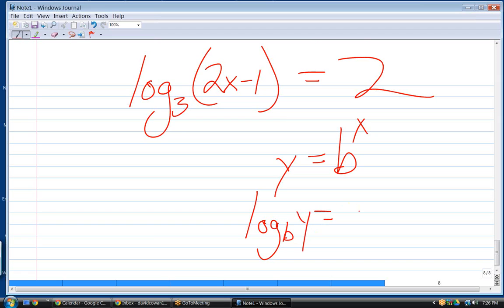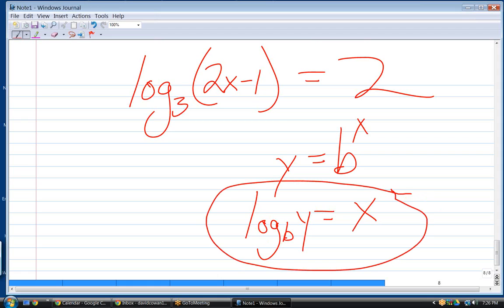Correct, because logs are exponents. So we have to have the exponent on the other side of the log. So if I gave you this, the exponential expression is the number on the far left raised to the power of the number on the far right equals the number in the argument. In other words, b to the x has to equal y.